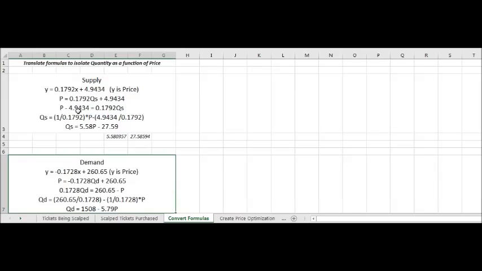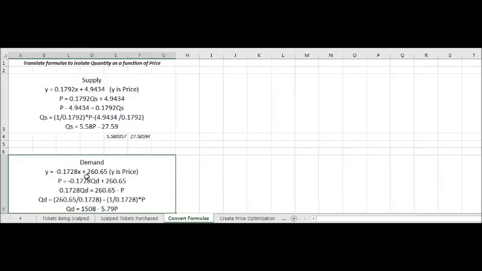And all we do is walk through the process of subtracting basically the intercept from both sides, and then we end up with a situation where both sides can be divided to get rid of this. And anyway, we end up with this over here and all of this can be simplified down, and this becomes then our quantity supplied formula.